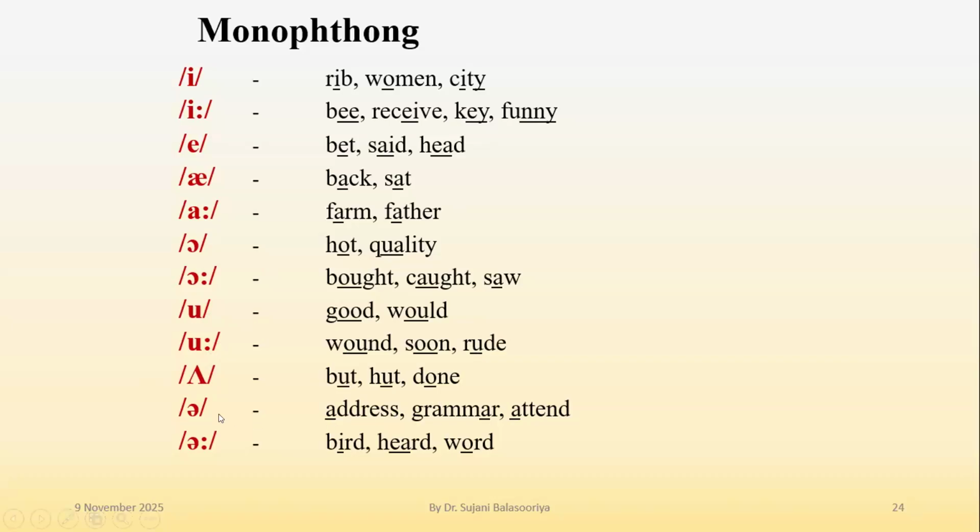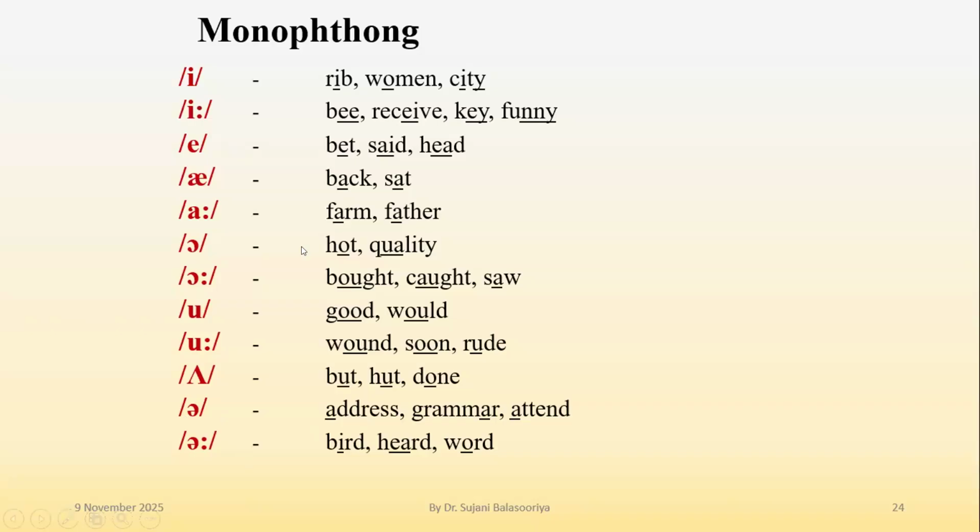The one before the last one is the schwa. This has a name, a popular vowel sound, and in words like address, grammar, attend, you find that sound. And the last one, the twelfth, is the long sound like in bird, herd, word.